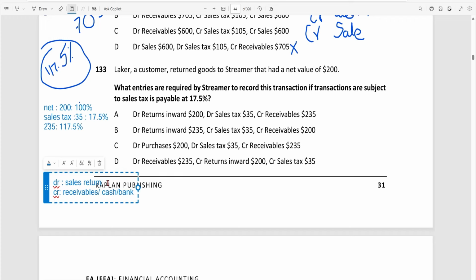As we are returning the goods to the customer, we are no longer liable to pay that amount to the tax authority. That's why the liability is also reduced. So we need to debit the sales tax as well. Even though you don't calculate the amount, you can easily figure out the answer, which is A, because it only has the sales tax on the debit side. Okay, so this is the correct way to solve the question. Even if you don't calculate the amount, you can still figure out the answer if you solve it logically.